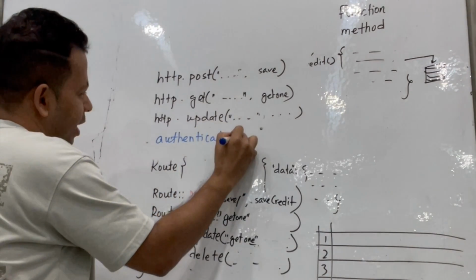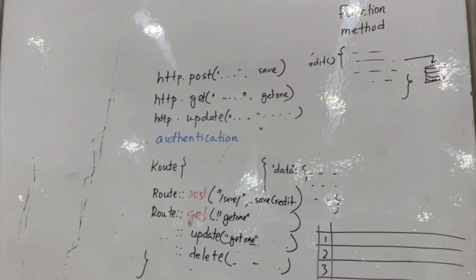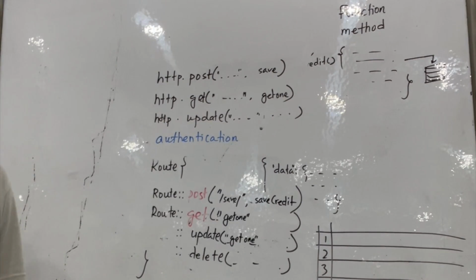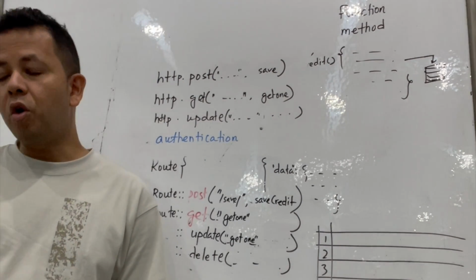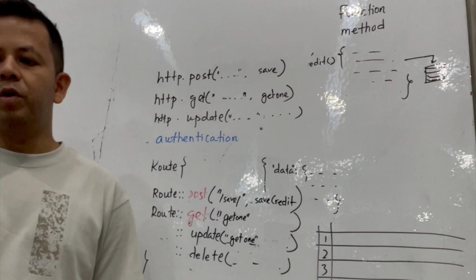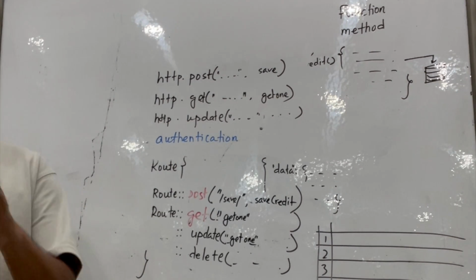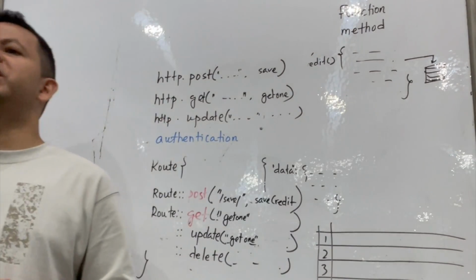Many APIs go through authentication. If you don't do authentication, a lot of things go wrong. For example, if you go to many websites, in general, the home page, you don't need authentication.